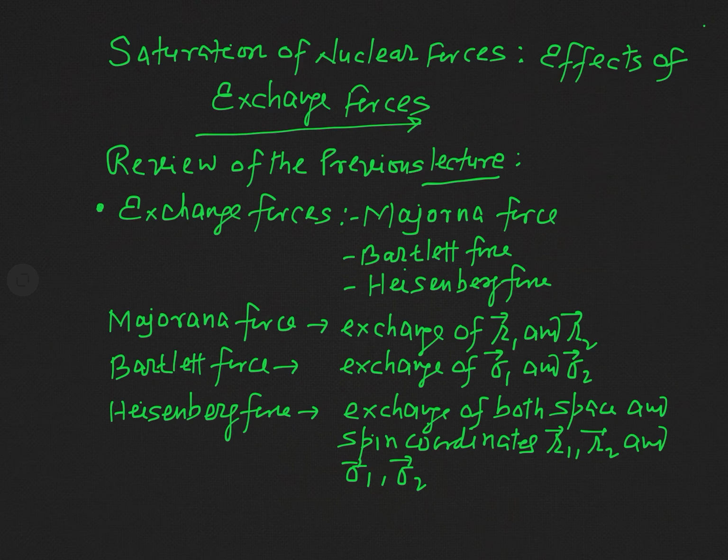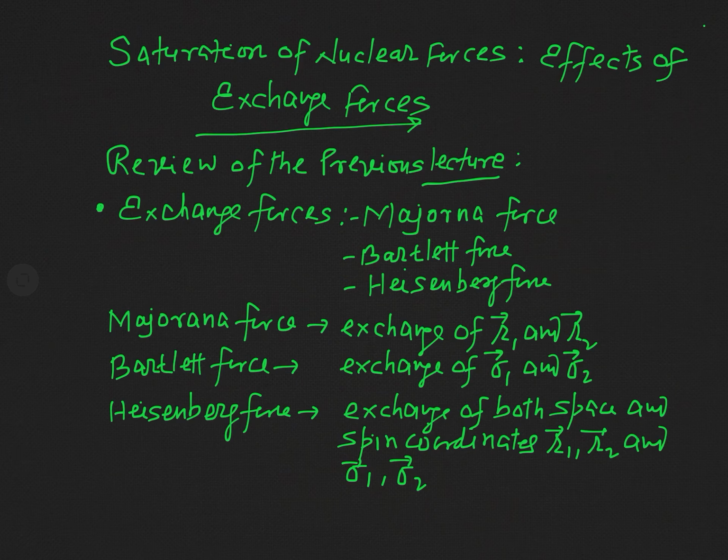And in Bartlett force, there was no exchange of space coordinates, only the exchange of spin direction takes place. So these spin vectors sigma 1 and sigma 2 get exchanged.